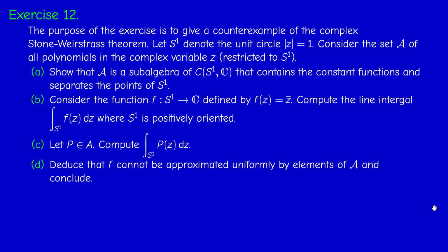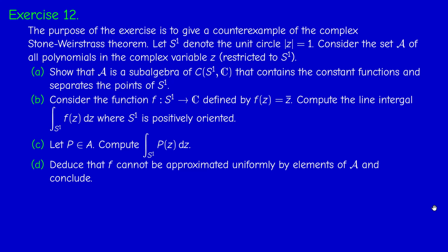So here we consider the unit circle that we denote by S1, as you know. So it's a subset of the complex plane. It's the set of all complex numbers whose modulus is 1. And we consider the set of all polynomials in the variable z, but we restrict them to the unit circle.